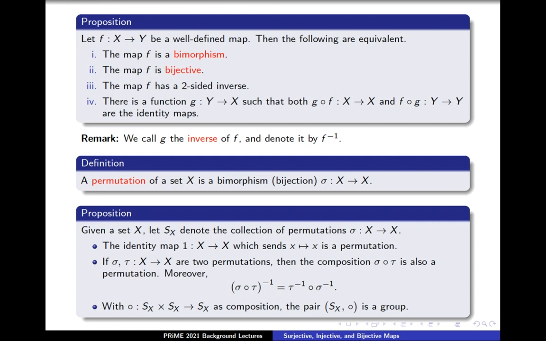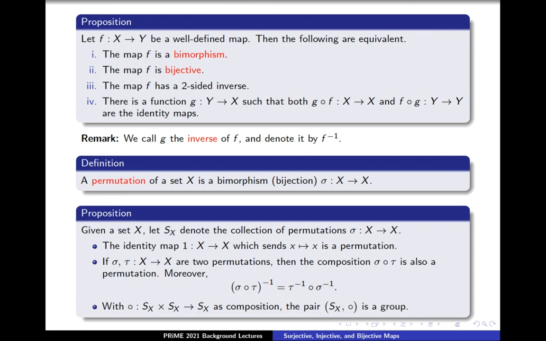Next, we have the following proposition. Given a set X, let's let S sub X denote the collection of permutations sigma from X to X. Then the identity map 1 from X to X, which sends each element little x to itself, is a permutation. If sigma and tau from X to X are two permutations, then their composition sigma composed with tau is also a permutation.